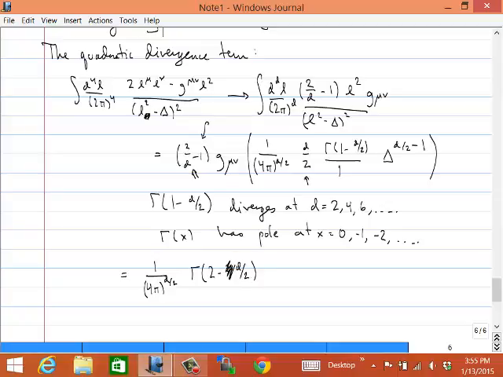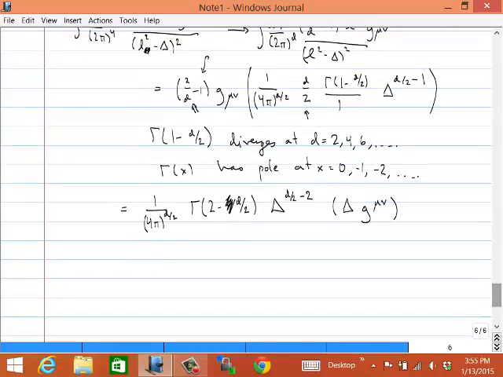Then you have a Δ^(d/2 − 1), which I'm going to write as Δ^(d/2 − 2) times Δ², because all of the other terms that we're going to find in the integral go like Γ(2 − d/2) rather than Γ(1 − d/2).